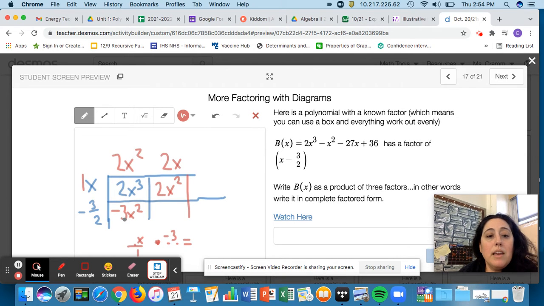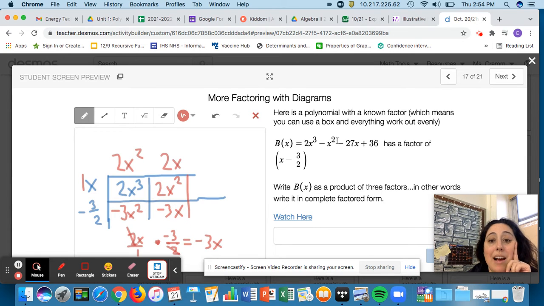So here we have 2x, and I'm just going to put it over 1 because I wanted to make it look like a fraction. It's easier for me. So we've got 2x times negative 3 halves. I'm going to do that trick I was talking about before, where if there's a 2 in the numerator, that cancels out with a 2 in the denominator as long as you're multiplying the fractions. That leaves me with x times negative 3, that would be negative 3x. So I'm going to put negative 3x.